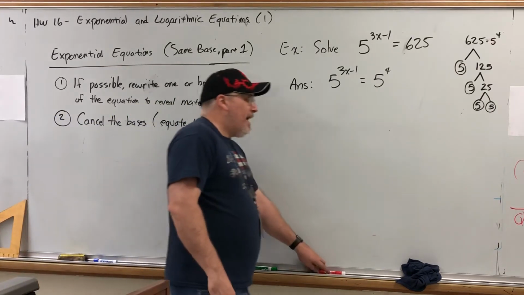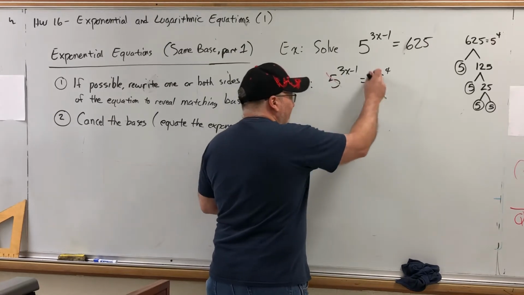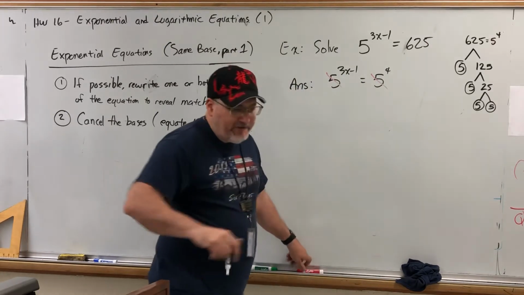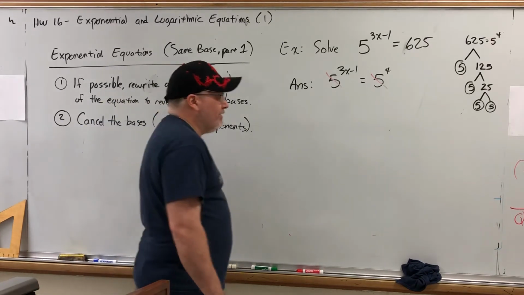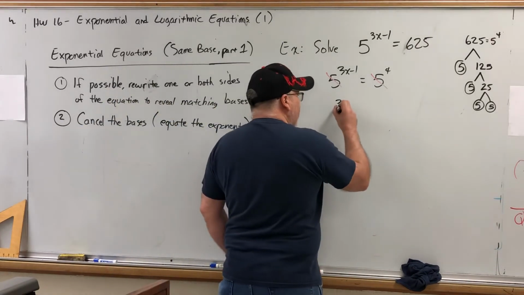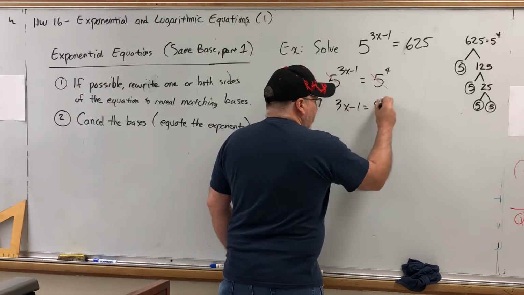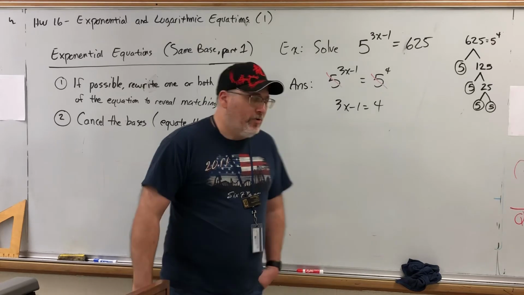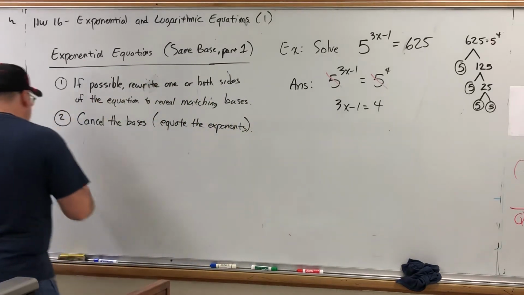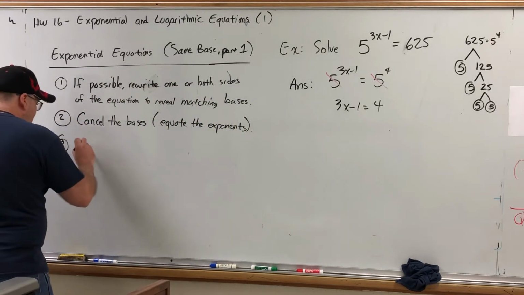Visually, what seems to happen is that these cancel. That's not technically what happens. It has to do with the fact that exponential functions are one-to-one and invertible, but let's just say you cancel the bases and equate the exponents. So in other words, the only way 2 powers of 5 can be equal is if their powers are equal. Well, the rest is easy. Finish solving.